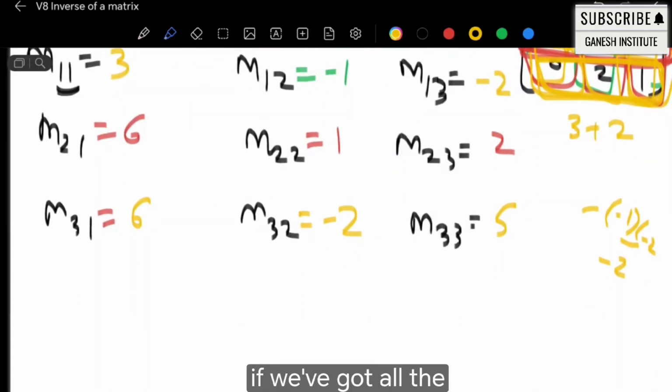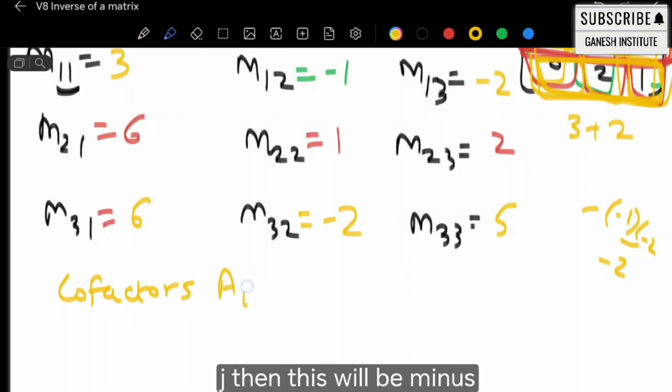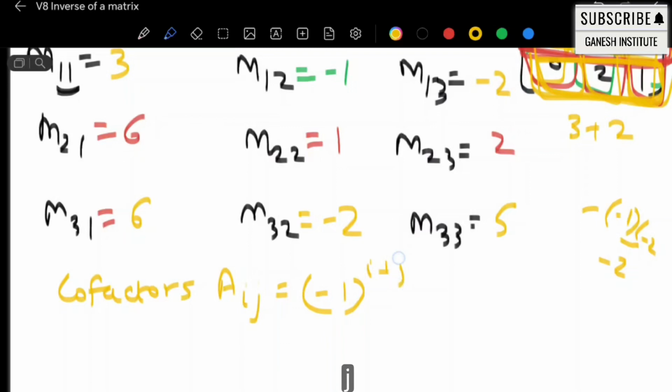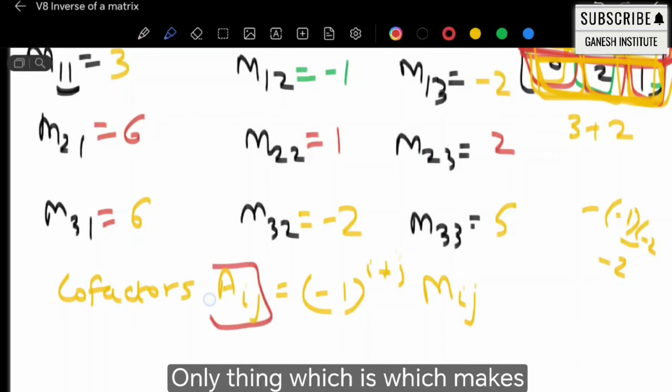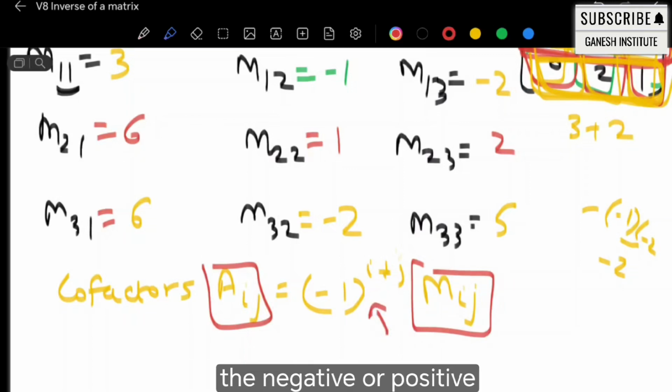So if we've got all the minors, then we need to find out the cofactors matrix. Now we know that cofactor, if I need to find out Aij, then this will be minus 1 raised to the power i plus j, Mij. So the only thing which makes cofactors different from minors is the negative or positive sign based on the position.